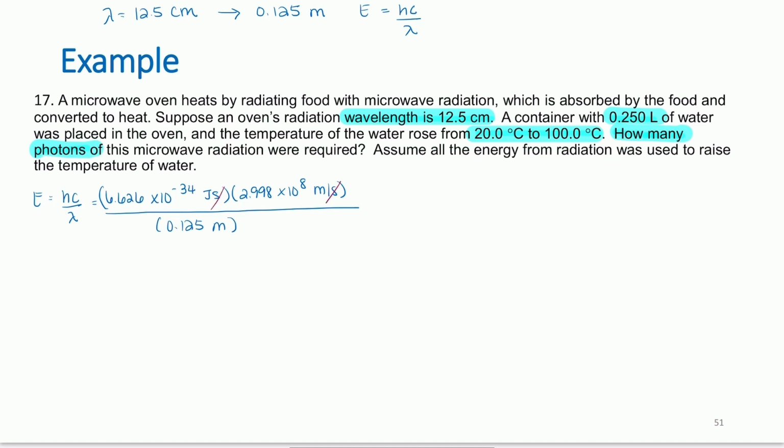We see our seconds cancel, our meters cancel, and we are in fact left with joules as expected. And this gives us 1.58, I'm going to carry an extra number right now, 589. I do need 3 sig figs, but I'm going to carry that extra 9. I'm not going to round quite yet. Times 10 to the minus 24th joules. This is the energy, though, for one photon.